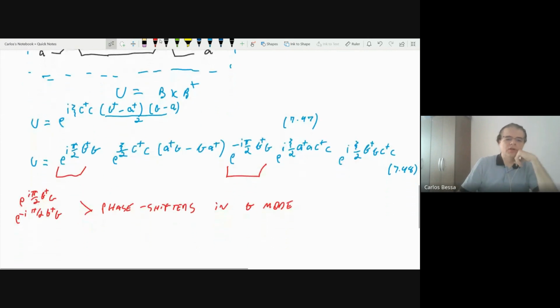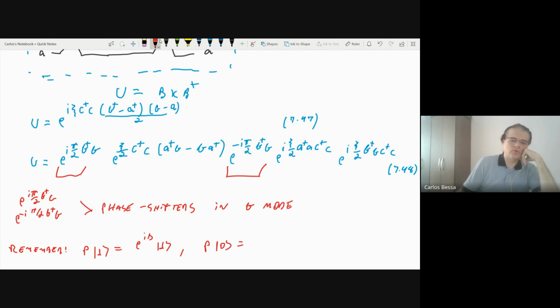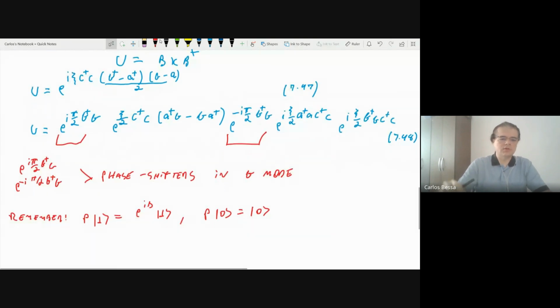Just to remember, P represents the phase shifter. The P operator applied to state one, the state with one photon, gives a phase. And when you have no photon, the vacuum, the phase shifter will not modify the vacuum state.